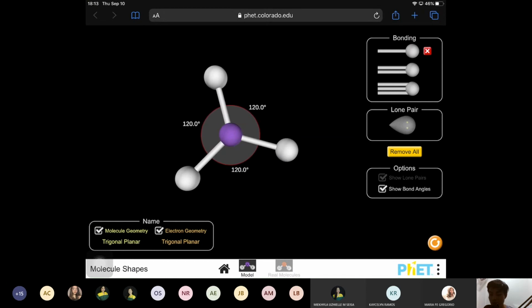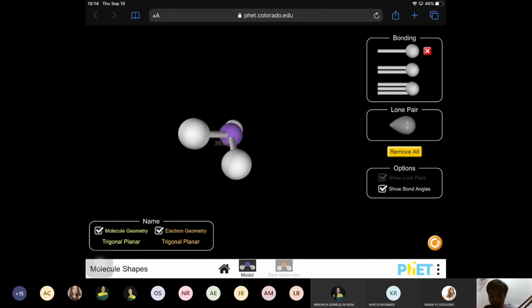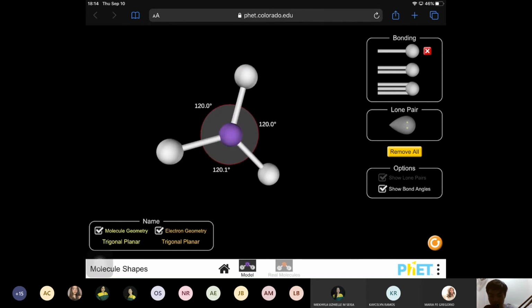Tatlo na yung nakadugtong sa central atom. If we have 3 electron groups that are connected in our central atom, ano mangyayari? They will be separated at an angle of 120 degrees na. Kasi pag pinagdikit-dikit mo yan, magre-repel sila, di ba?